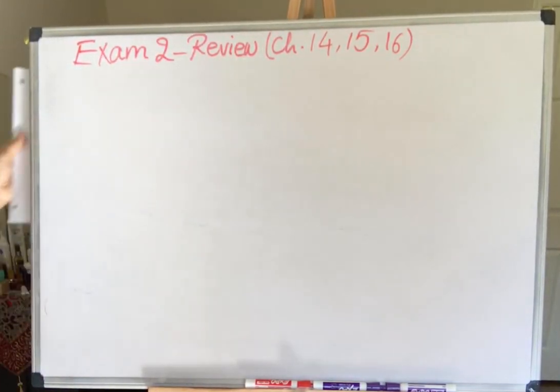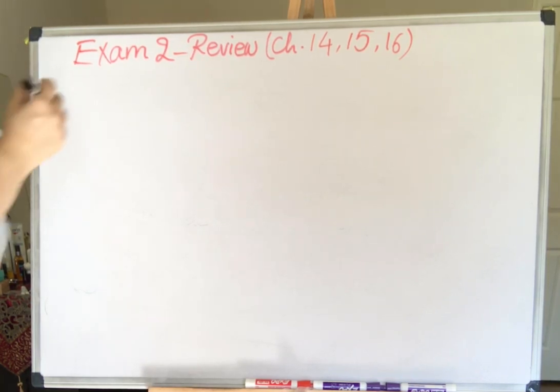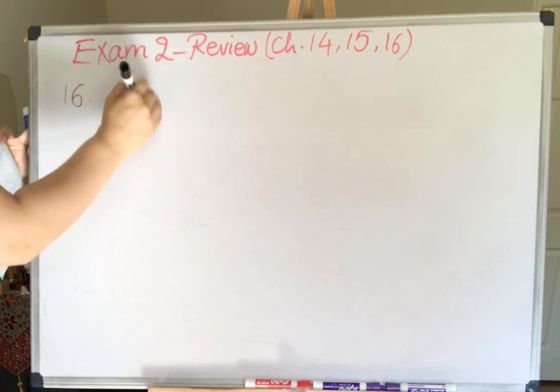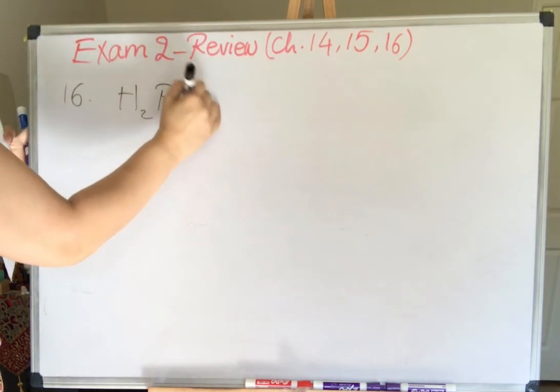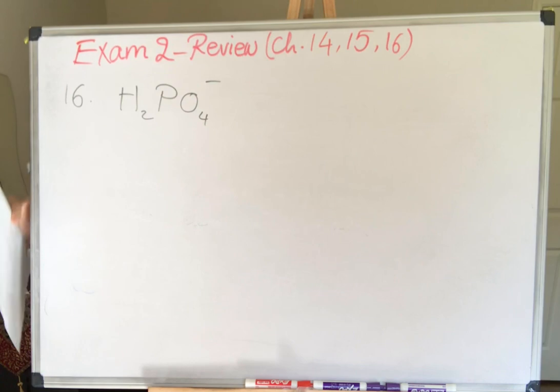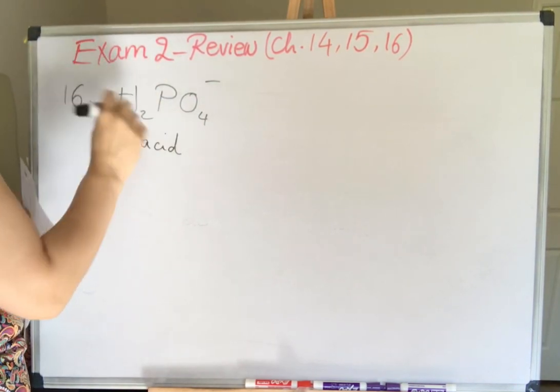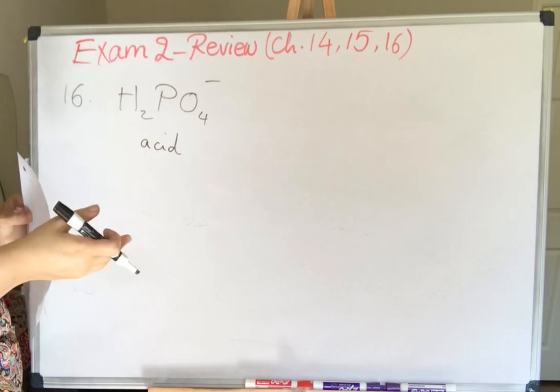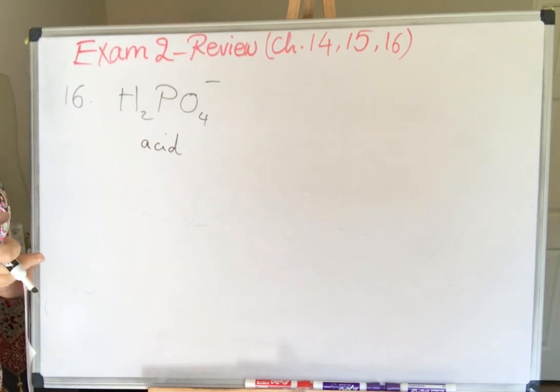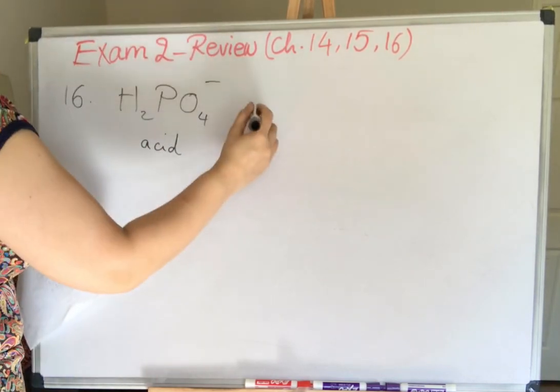For question number 16, what is the conjugate base of H2PO4 with a negative charge? Conjugate base. So if you are looking for the conjugate base, H2PO4 minus is the acid itself.